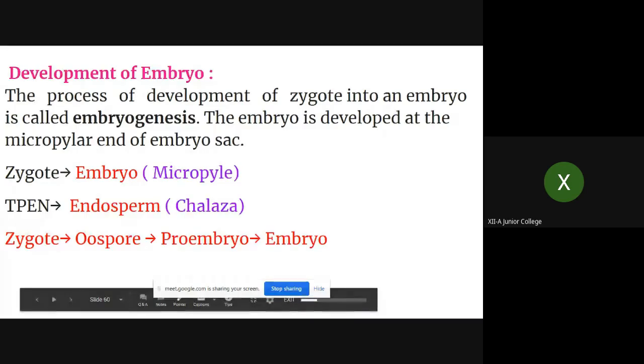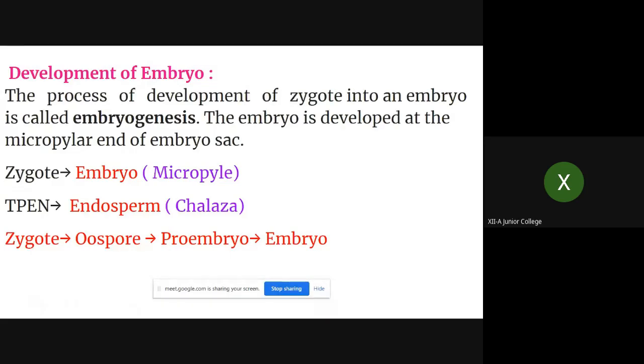As everyone knows, first fertilization, that is syngamy, results in the zygote, and the second fertilization results in the formation of endosperm. Last time we discussed the development of endosperm and its types.